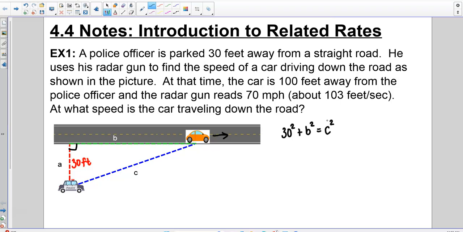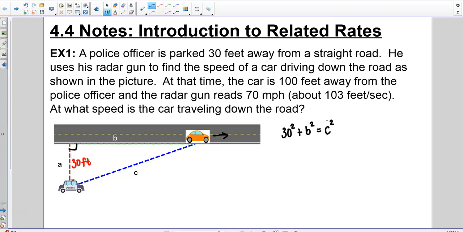Normally, when we take the derivative with respect to x, x is the variable in the equation, so we don't do anything. Or, remember in implicit differentiation, sometimes we had a y, and we had to put dy/dx because we weren't taking the derivative of the variable we were taking the derivative with respect to. So I want to take the derivative of this function with respect to time.